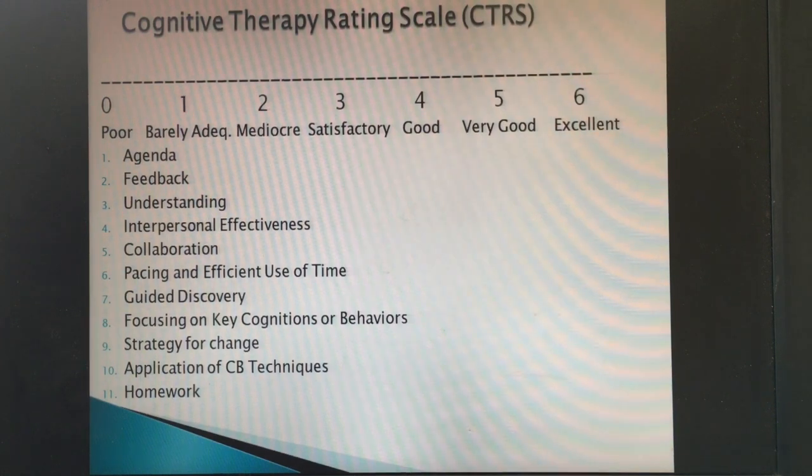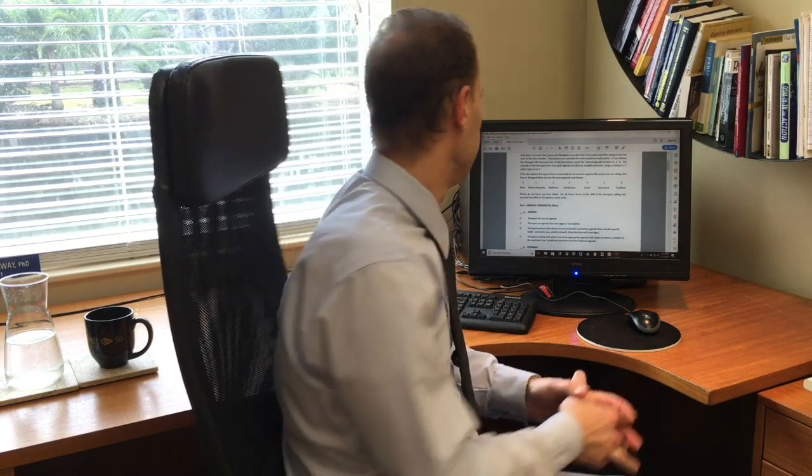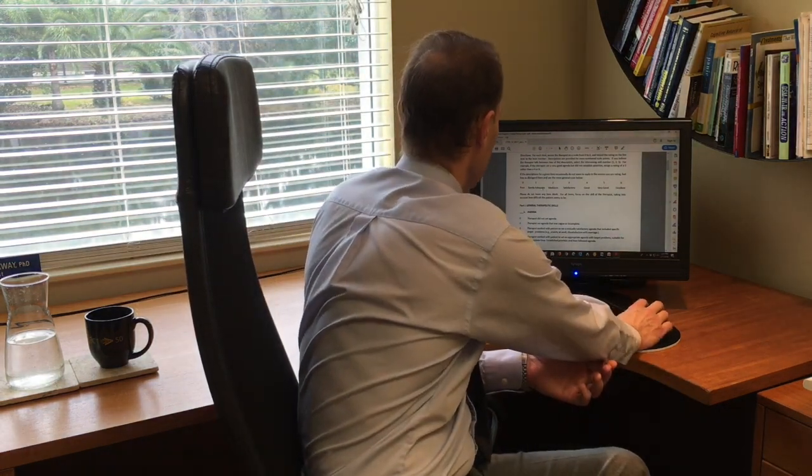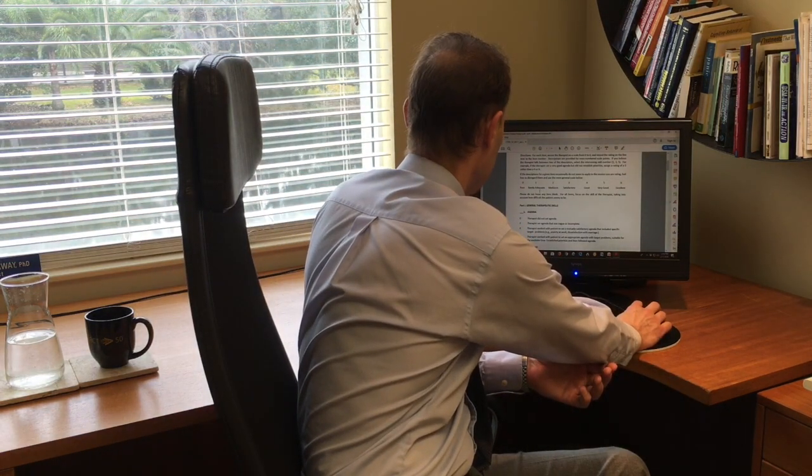For our purposes, I would say we could even add to that self-review of session, which obviously is sometimes hard, like trying to see the back of your own head in a mirror, in other words. So it's sometimes better to get feedback from another person to point out any issues that we might want to work on. So there's that scale again, 0 through 6.